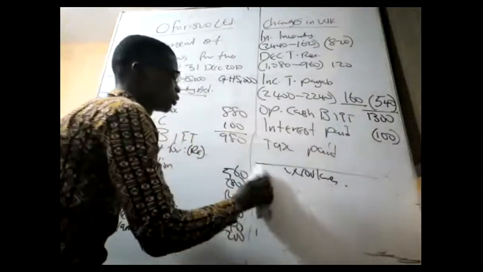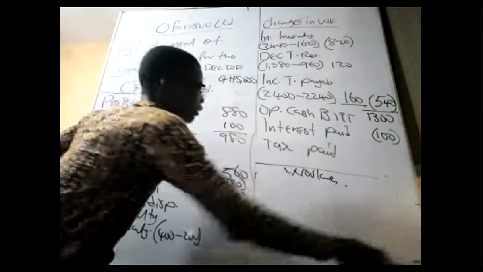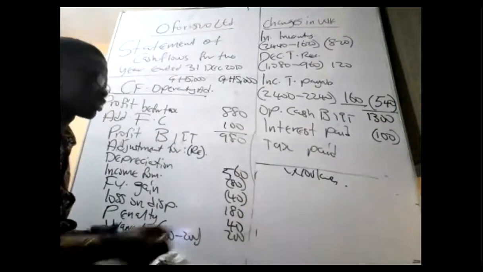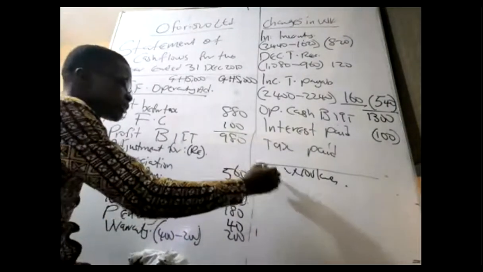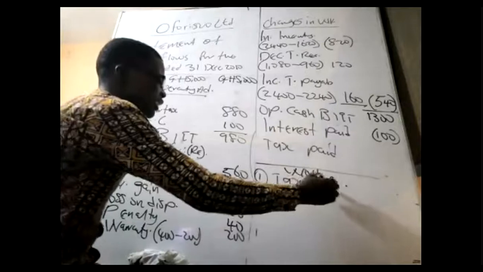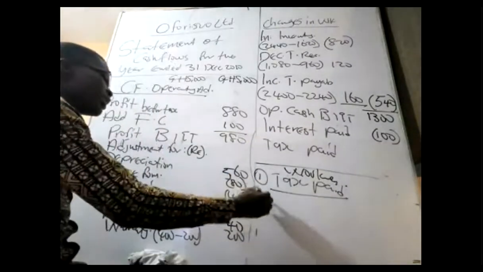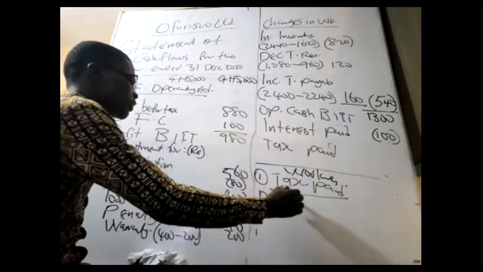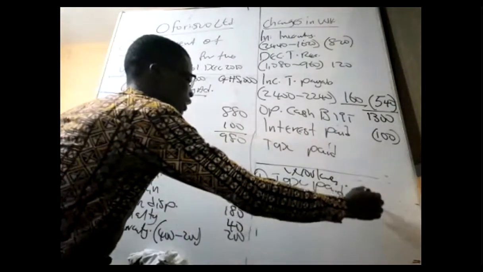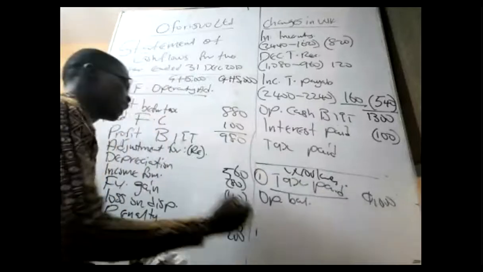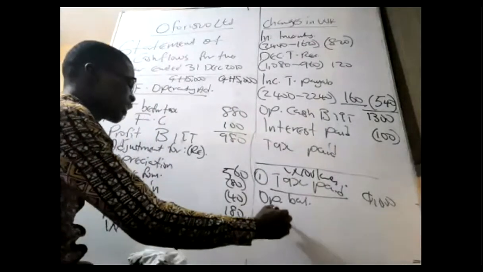So workings number 2, in fact, it's still workings number 1 because I didn't perform any workings. So it's still workings number 1, tax paid. Tax paid. Again, now that the examiner gives the opening balance, my currency in thousands, I'll go to my income tax expense from the P&L.